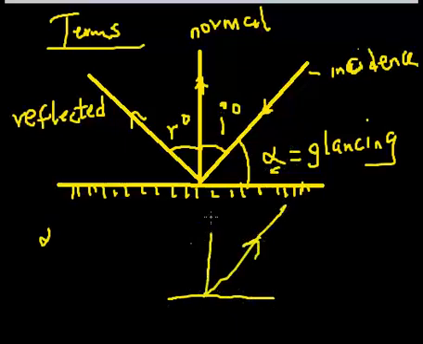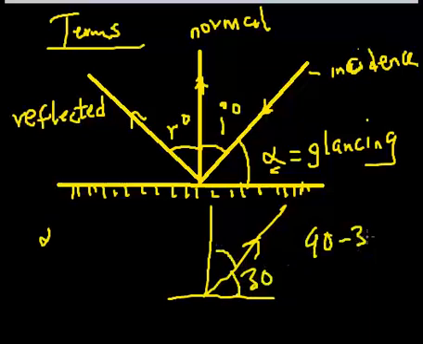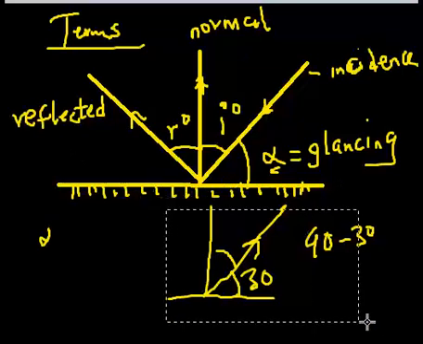Let's say this is 30, then to get this angle is simply 90 minus 30. Please take note of that. The glancing angle is the angle that the incidence or the reflected ray makes with the surface of reflection.